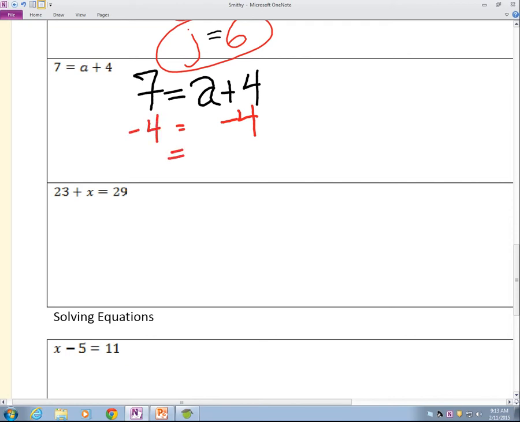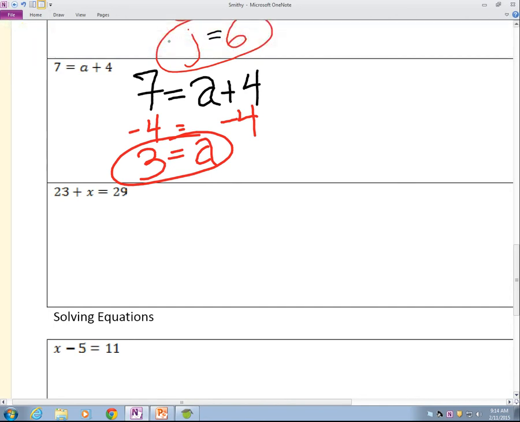So that leaves just A over here, and we have 3 over here. A equals 3. Since in these equations you are solving for a variable, you must have the variable equals blah at the end of it, okay?